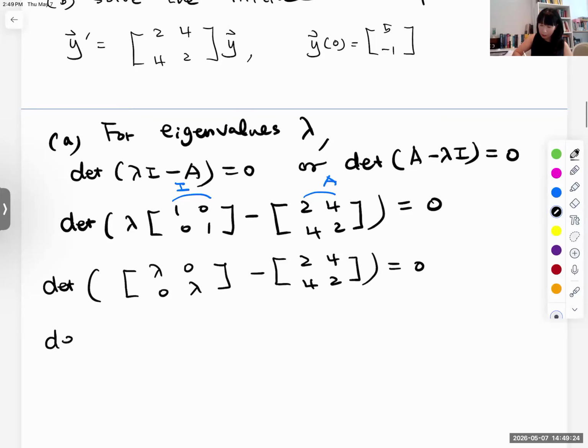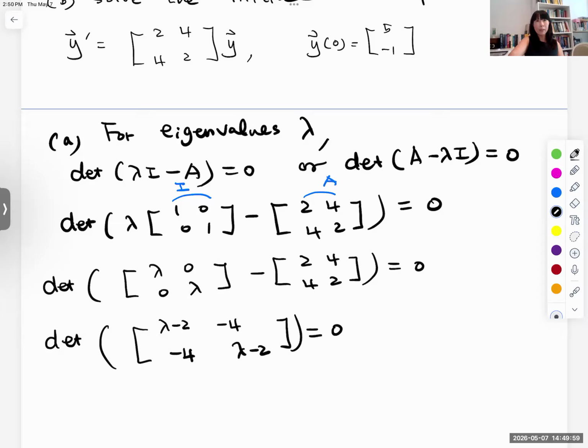So there will be the determinant of lambda minus 2, and don't forget this one, 0 minus 4, so it's negative 4, and then this one also 0 minus 4, so negative 4. And the last one is lambda minus 2, equal to 0.